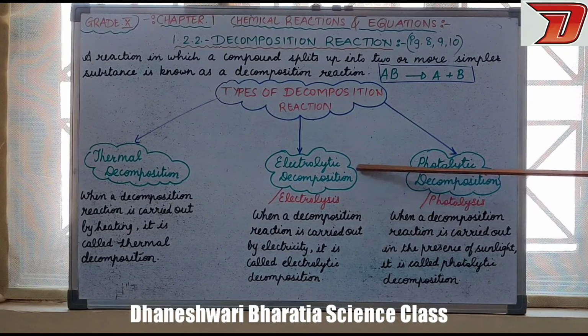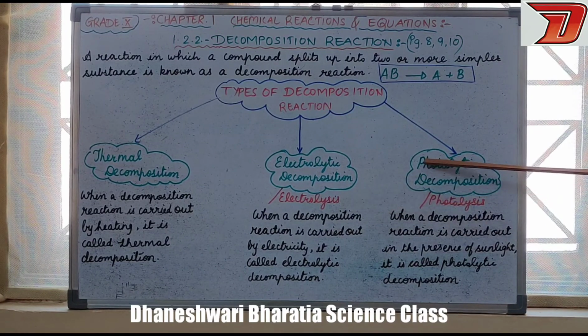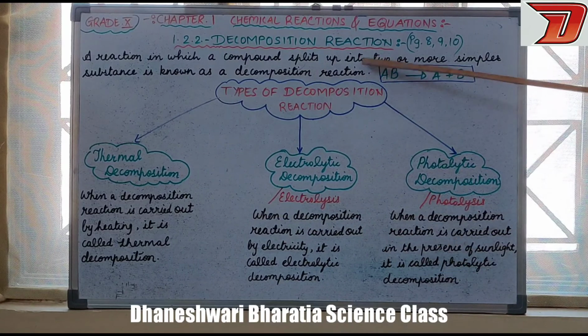Okay. What about electrolytic decomposition? The reaction in which electricity is involved, right? That type of reaction is known as electrolytic decomposition. And the last is photolytic, meaning the usage of sunlight. Is this clear? So all these four definitions, please note them down in your book and you have to learn them.